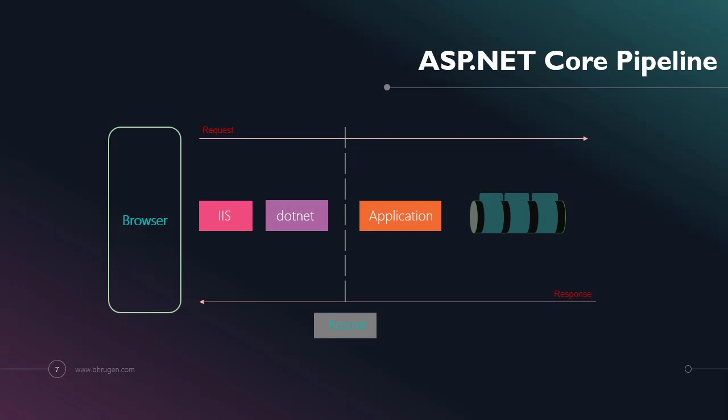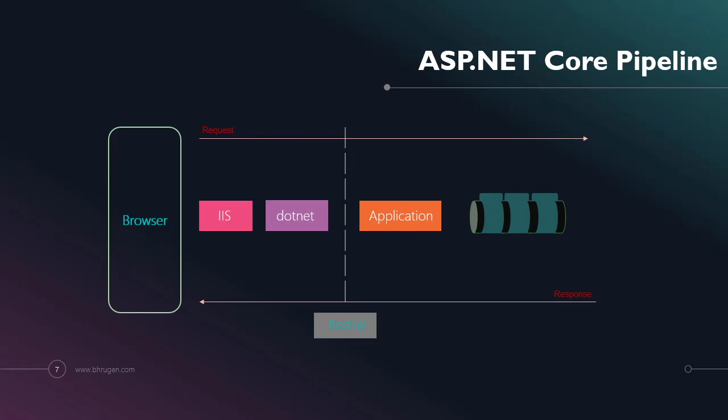Kestrel is a lightweight web server which can only execute a request, because of which you need an external web server to configure other options like security, hashing, and so on. This was a brief overview on how middleware and pipeline come into the picture.